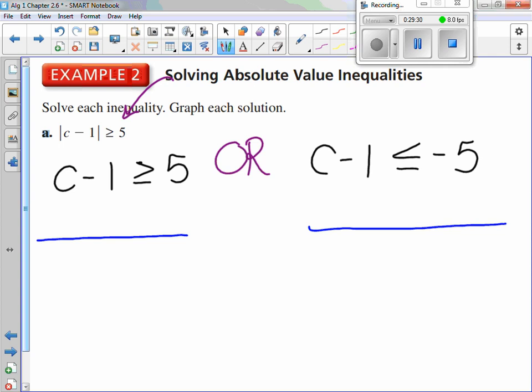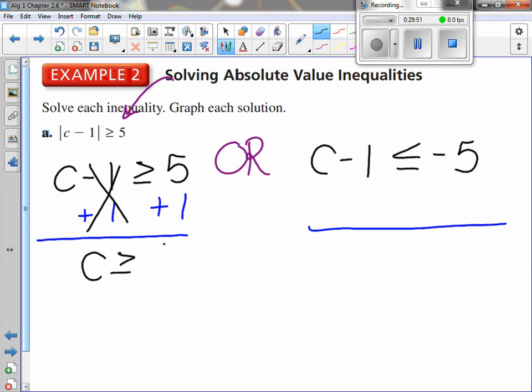So looking at this first one here, what do we need to do to get c by itself? We need to add 1. Since we have c minus 1, we do the opposite of subtraction, which is addition, so we would add 1. So -1 plus 1 would give me 0, and I get c by itself. c is greater than or equal to 6.